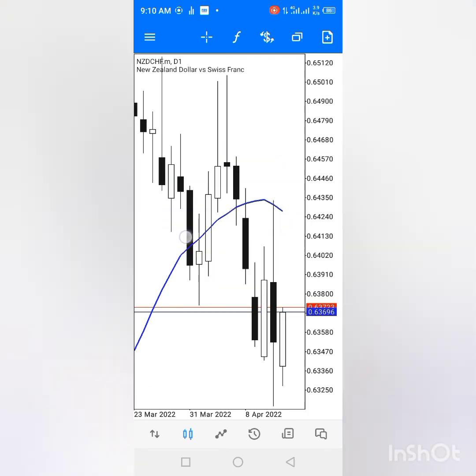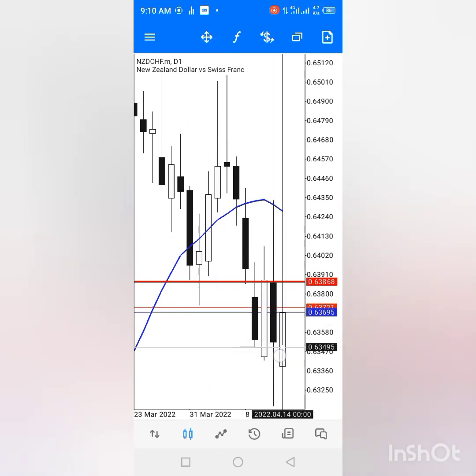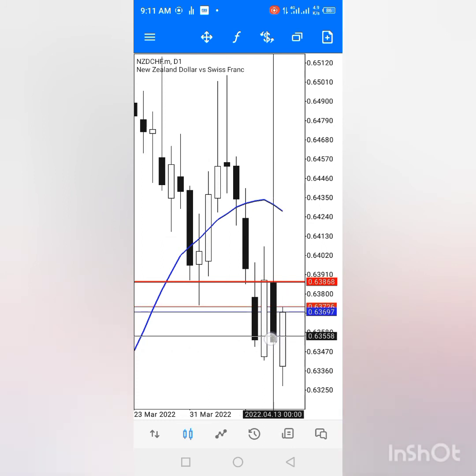As always, go to my lines. I drew it from there. And why did I take it from there? Because this is today's market, as you can see, and this was yesterday's market. Since yesterday's market was a bearish market, I started from the top, showing that the market was going downward.